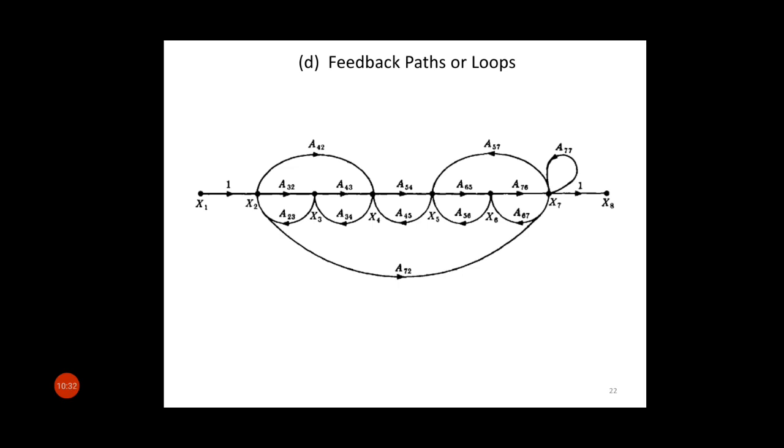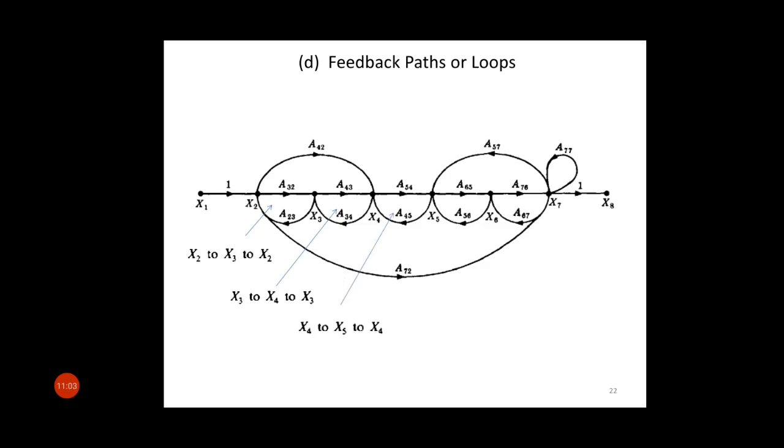Now we will identify the feedback paths. Let's see how many feedback paths or loops there are. This is our first loop or first feedback path, that is x2 to x3 and back again to x2. This is the second loop: x3 to x4 to x3.